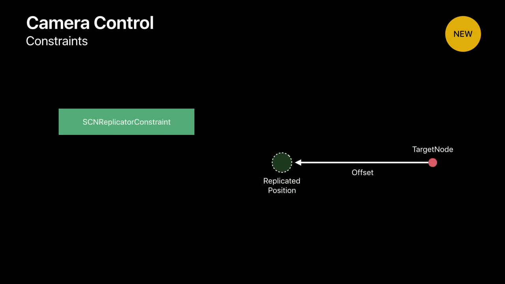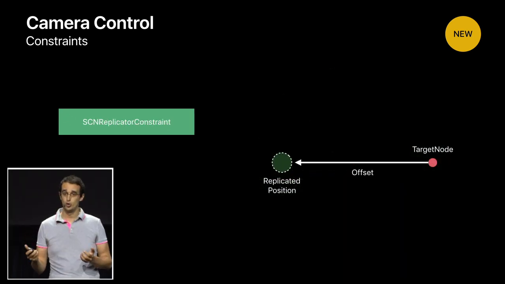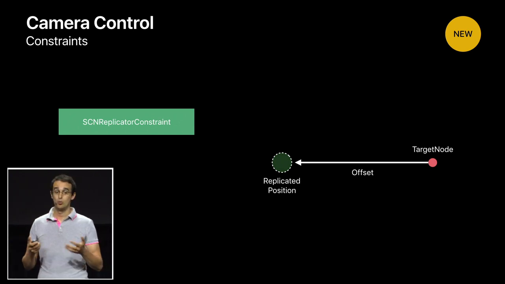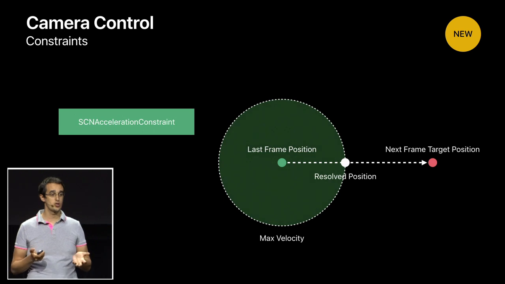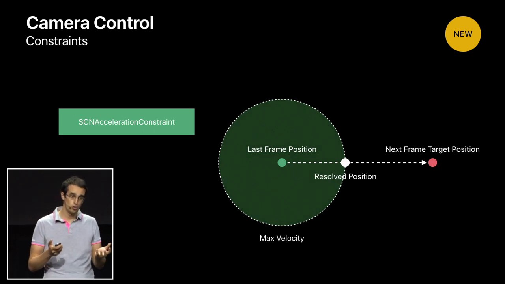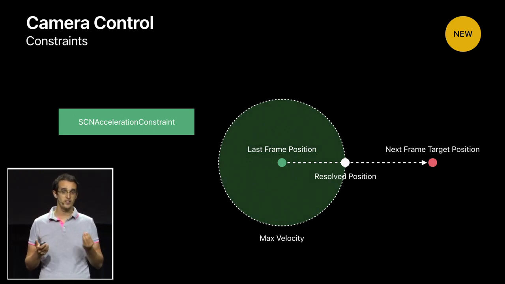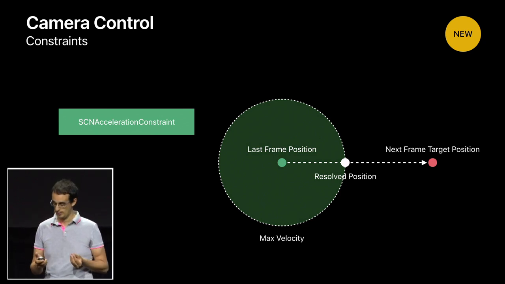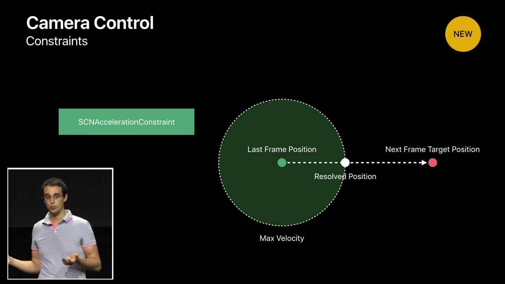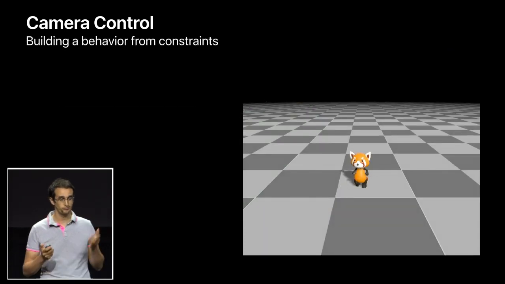The replicator constraint will replicate a node position and orientation with an optional offset. And the acceleration constraint will ensure that a node won't move or accelerate faster than a given maximum velocity and acceleration. So these are just examples. Let's see what we can do with this constraint.